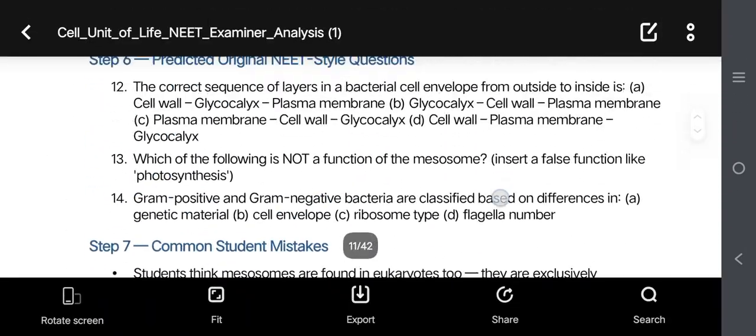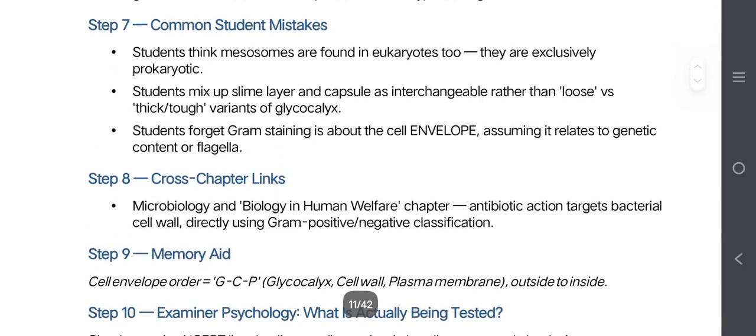The most common mistakes students make: they think mesosomes are found in eukaryotes too. They are exclusively prokaryotic.